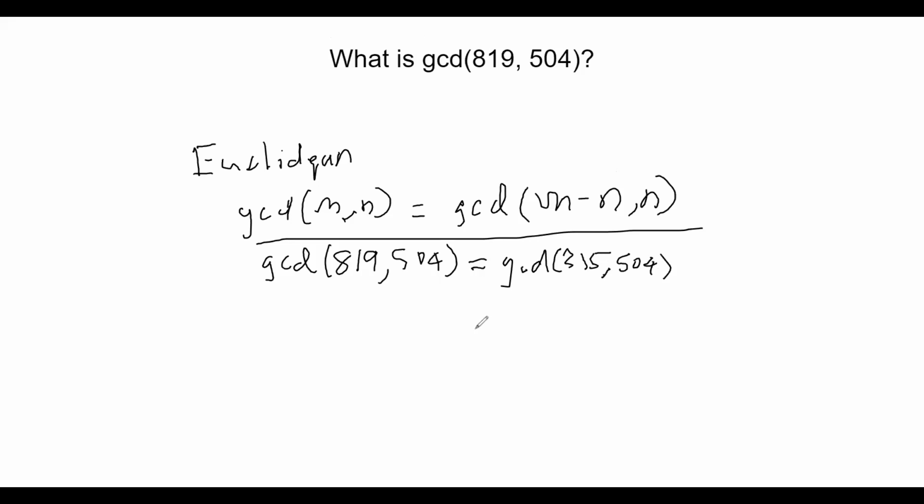And we can apply it again. So 504 minus 315. This is 189. And yeah, so 315 minus 189, that is 126.